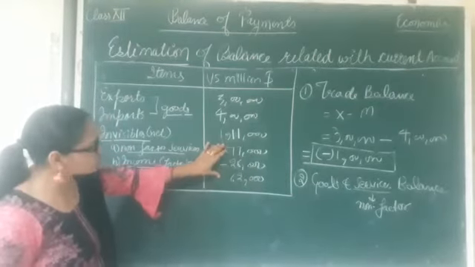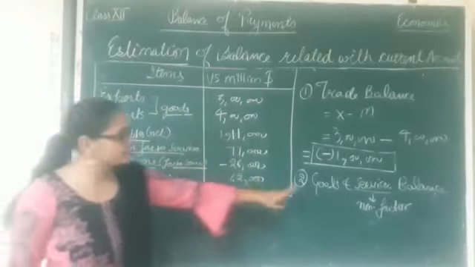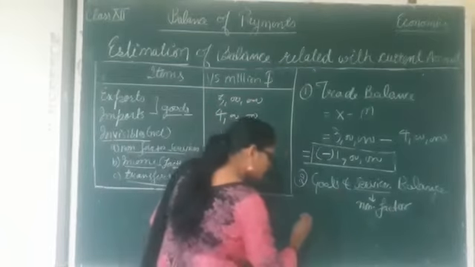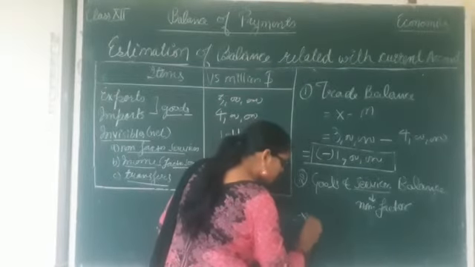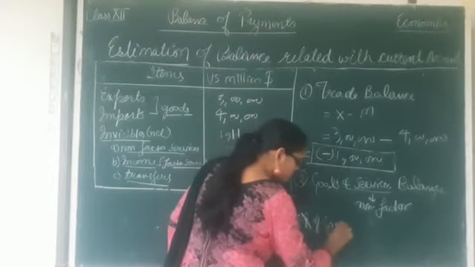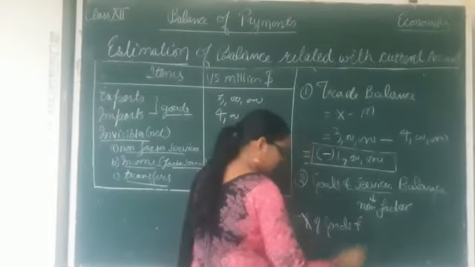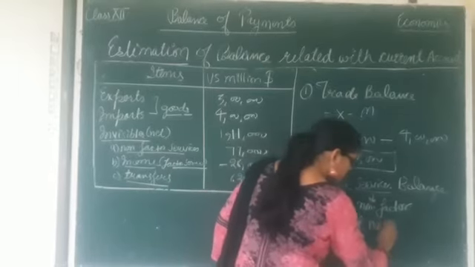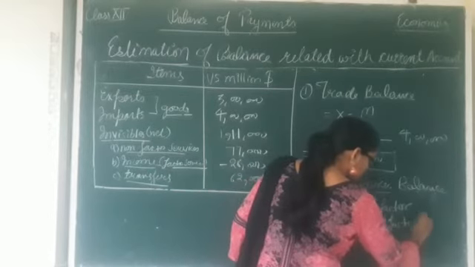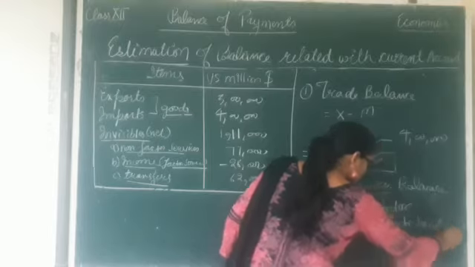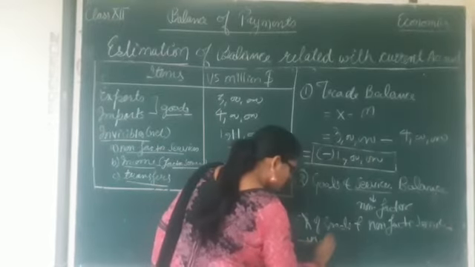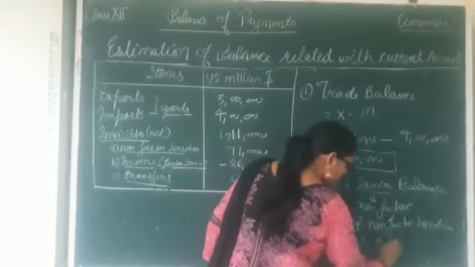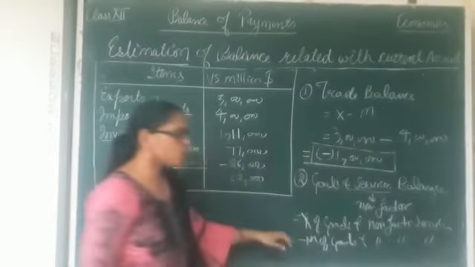We are not taking both factor and non-factor services in this. Clear? And how are we going to calculate it? Export of goods and non-factor service minus import of goods and non-factor services. This is how we are going to calculate it.